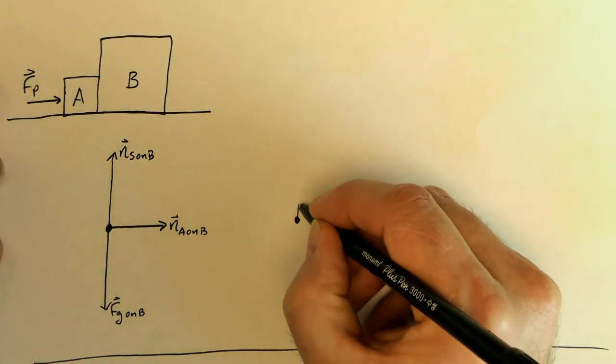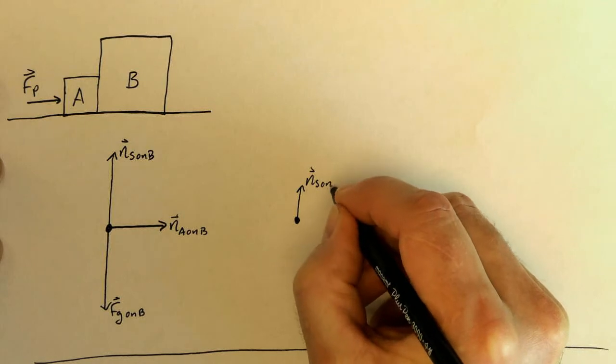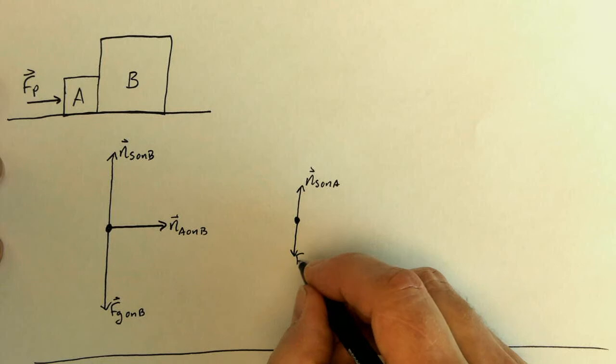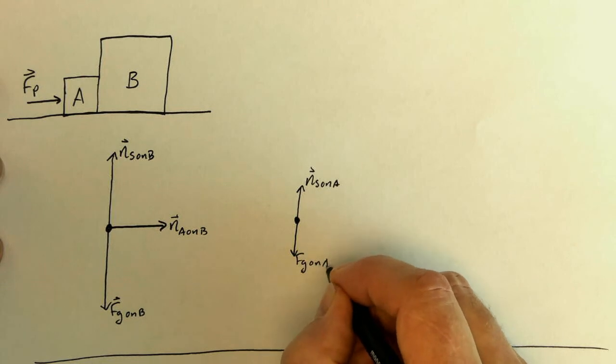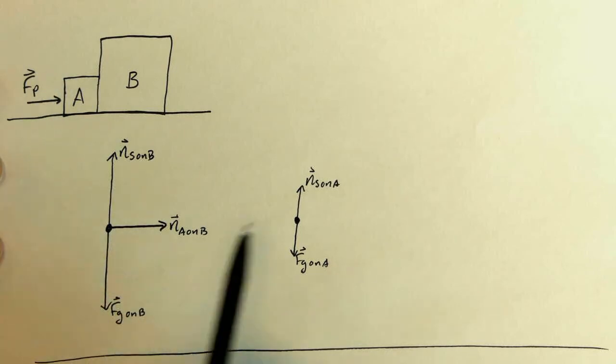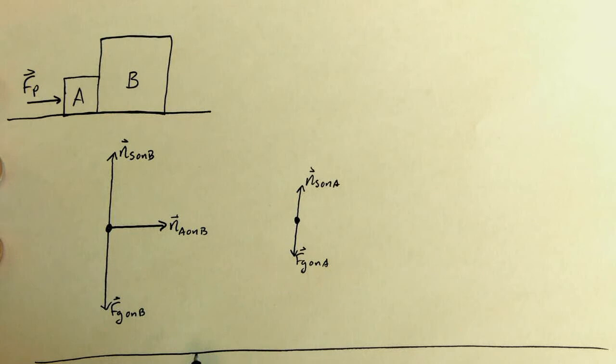It's a smaller block, so the normal force of the surface on A is equal in magnitude to the gravitational force on A from the Earth, because it's not accelerating up and down, so the net force in the vertical is 0. The upward has to equal the downward in magnitude.